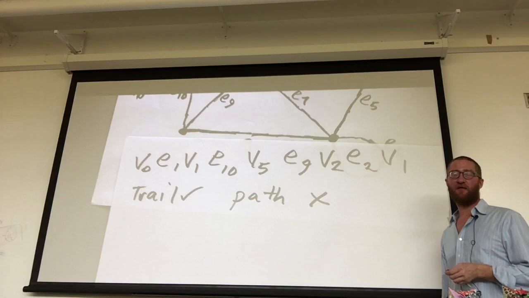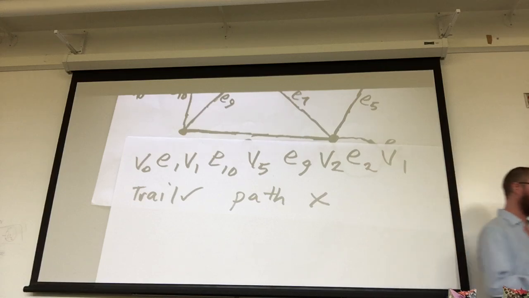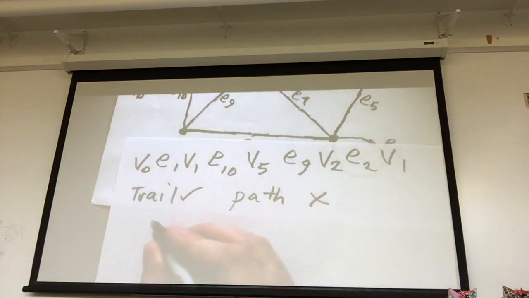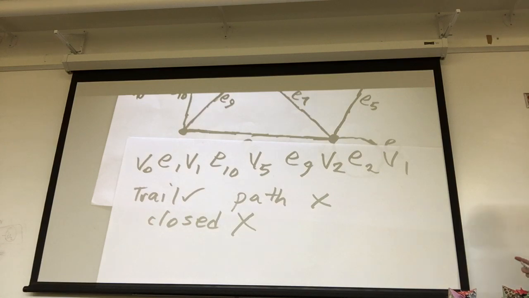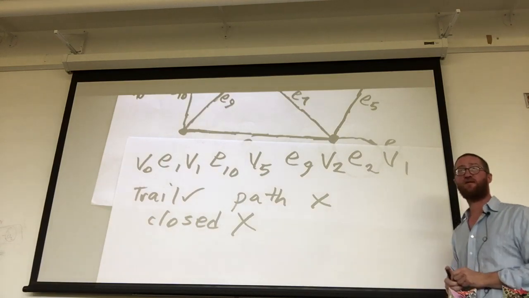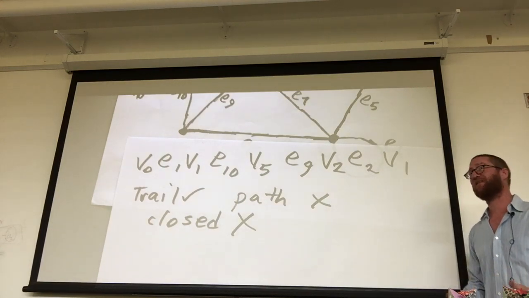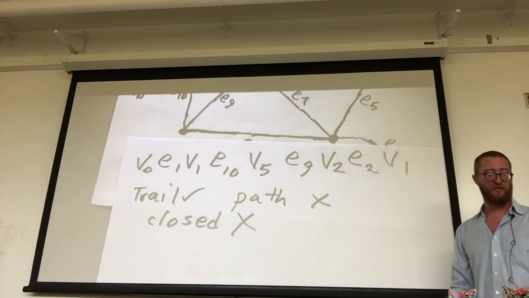So do I end where I began? No, it's not closed. Hence, since it's not closed, it's not a circuit. And if it's not a circuit, then it can't be a simple circuit. Those are stronger conditions.